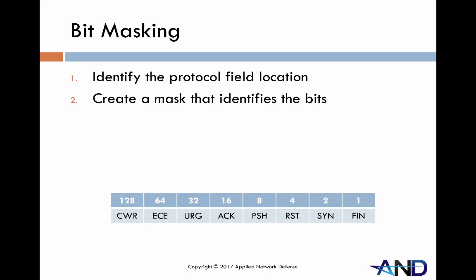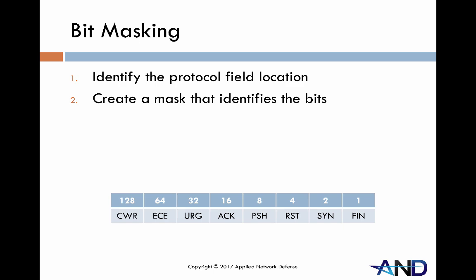In this case, we have 8 bits here, and I'm only concerned about the bit in the second position, the SYN bit. So what I would do is put a 1 in that field, a 1 in the SYN location, and everything else would be a 0. And what's going to be read at that point from tcpdump or whatever's using your BPF is to say, only look at that specific value there. Only look at that second bit position.